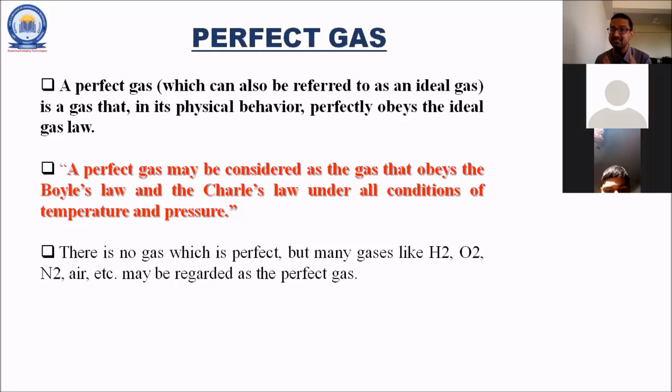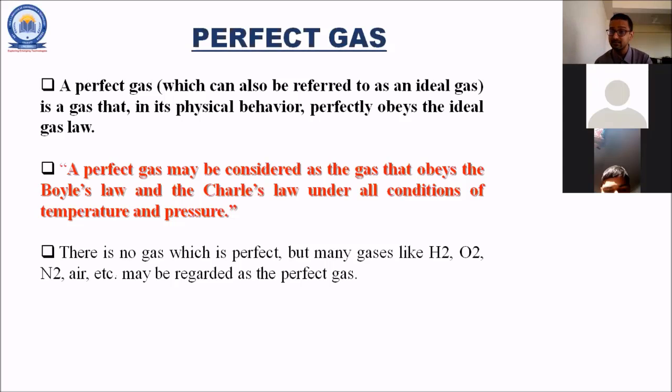And since this gas obeys the ideal gas laws, it is known as the ideal gas or the perfect gas. If we consider the definition according to your textbook or the reference book, the perfect gas may be considered as the gas that obeys the Boyle's law and the Charles law under all the conditions of temperature and pressure.